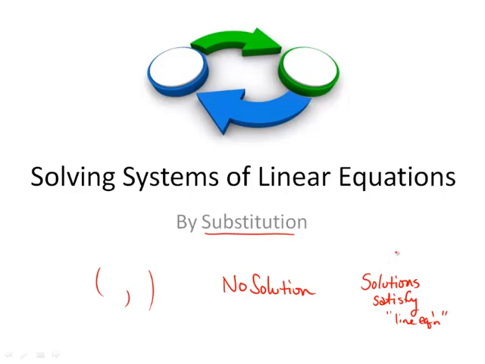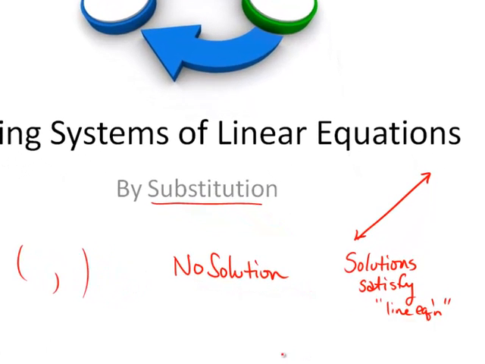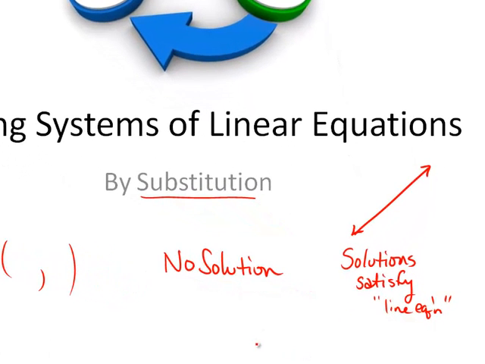So recall, solutions that satisfy the line equation is when your line is the same. You will soon notice what happens algebraically to equations when we substitute them together and the solutions are all the same. No solutions was when the lines were parallel. They never ever touched, so nothing ever worked. And one solution was when you had one single answer.